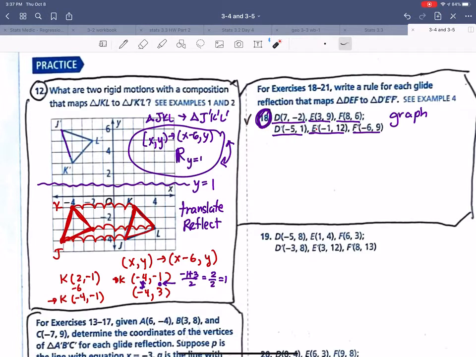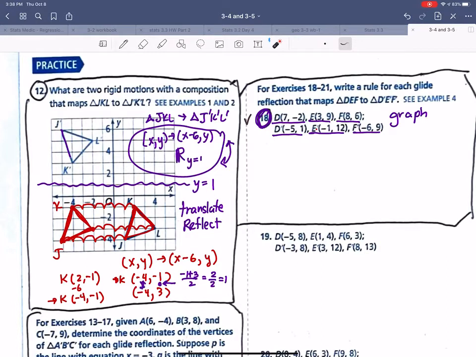So notice here, if I scooted it 6, this first coordinate was 2, -1, and my new coordinate here is -4, -1. So notice that's this rule when I subtract 6 from the x.